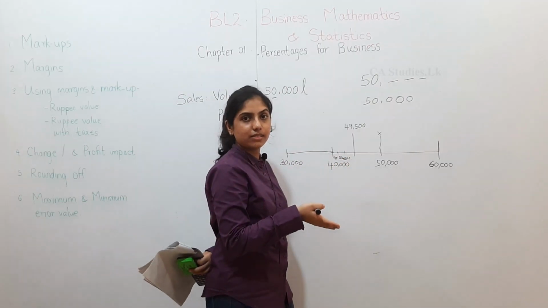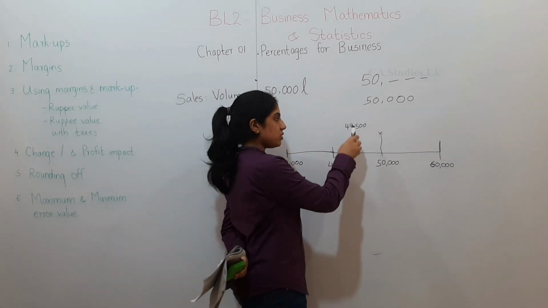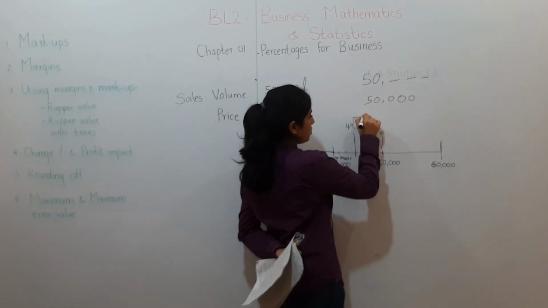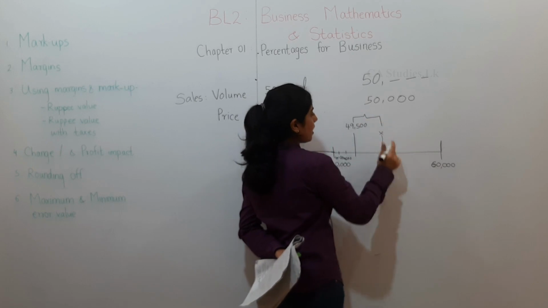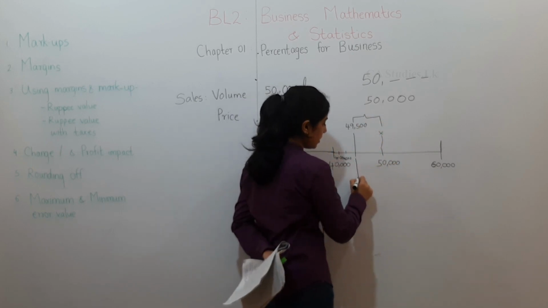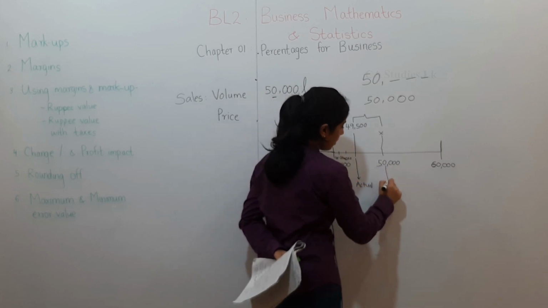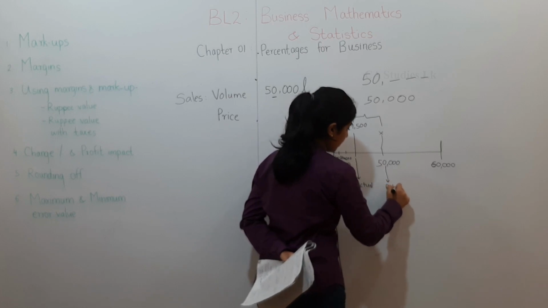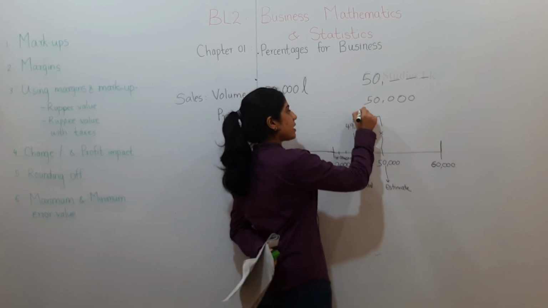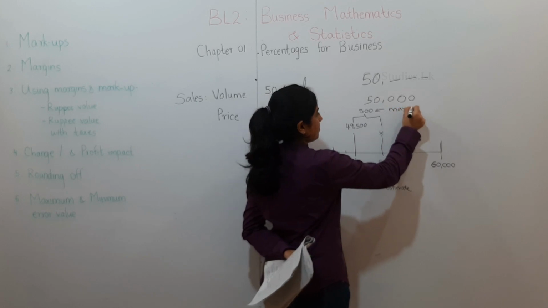It will go likewise. Alright, so 49,500 is your middle figure. Then find the difference between the middle figure and the estimate. Assuming the middle figure is your actual, this is your estimate, then the difference between actual and estimate is always the maximum absolute error, which is 500.